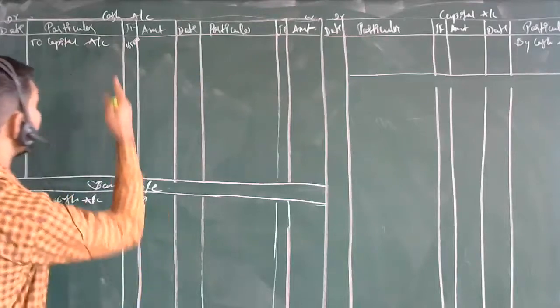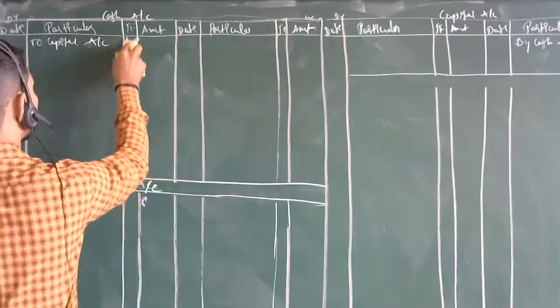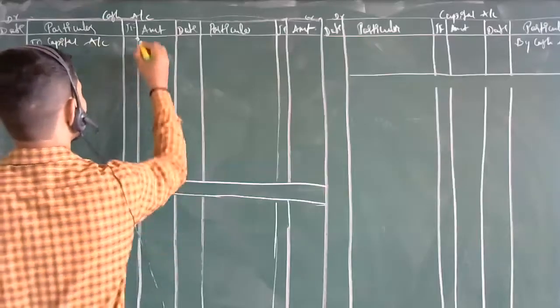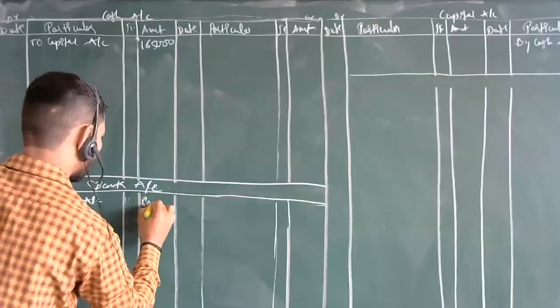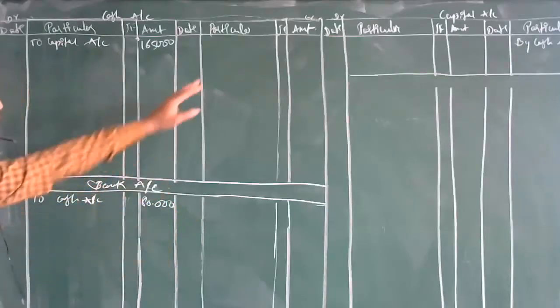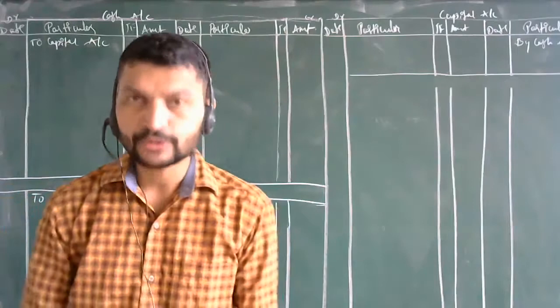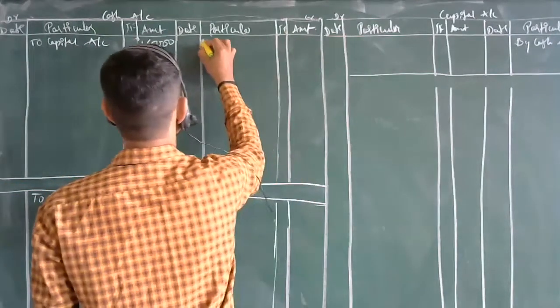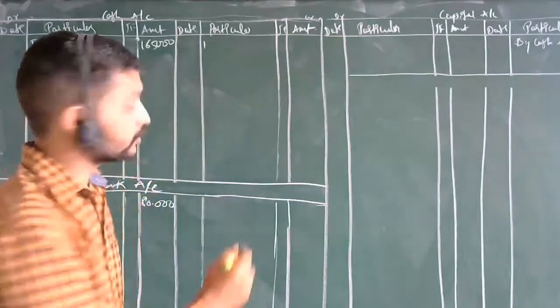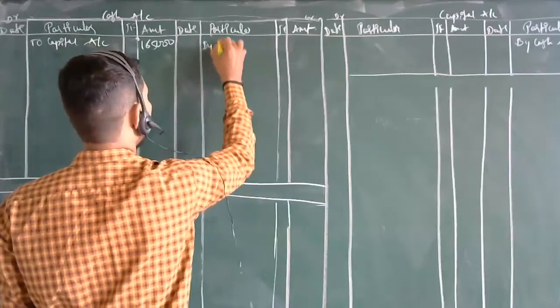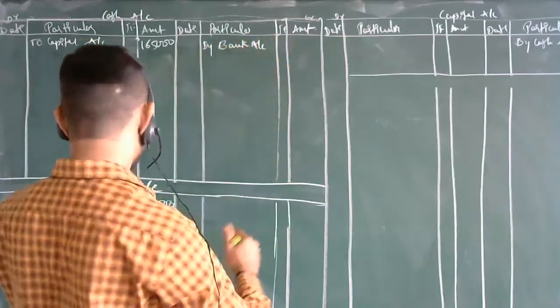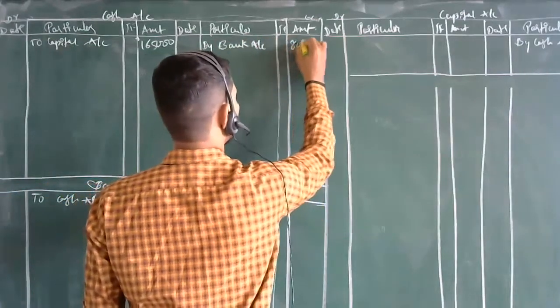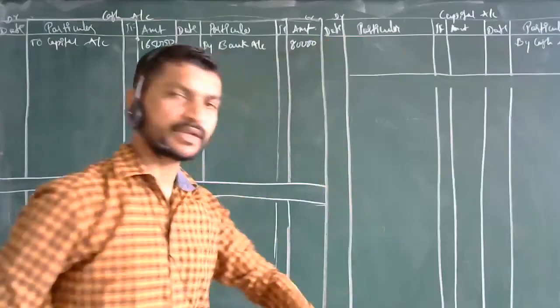80,000. I have written in journal for you, this is 80,000. Then other side, in cash, what are you going to make over here? By bank account. What is the amount over here? 80,000. See how the transactions get affected.